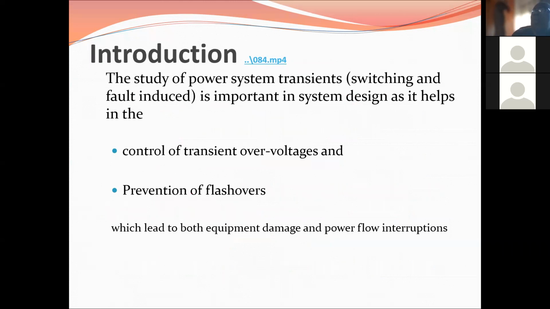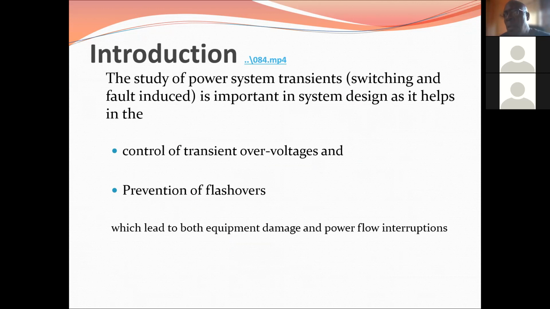coming from your networks too, we got a classic definition of what a transient is. Yes? When we talk about transients, it's the period between initiation of an action and us reaching steady state. This is true whether we are dealing with electronic circuits, whether we are dealing with systems, and most definitely in the power system, we also have to deal with these transients.